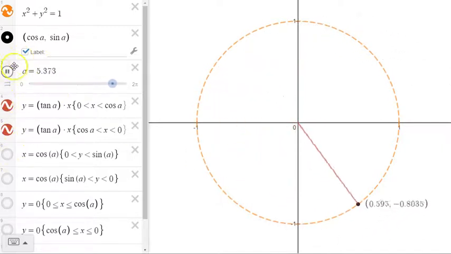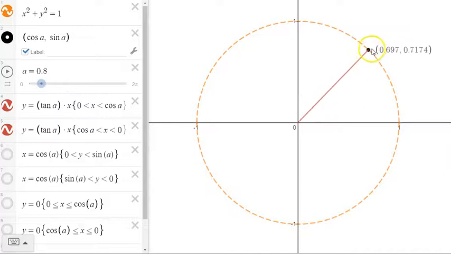Now, we can work out the x values and the y values. Say the distance from here to here, we can work that out using trigonometry, because we've got the angle in here, and we can work out this vertical distance from our x-axis.